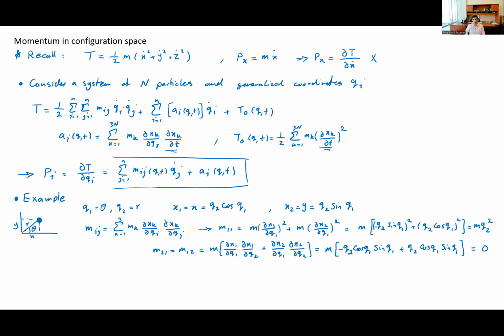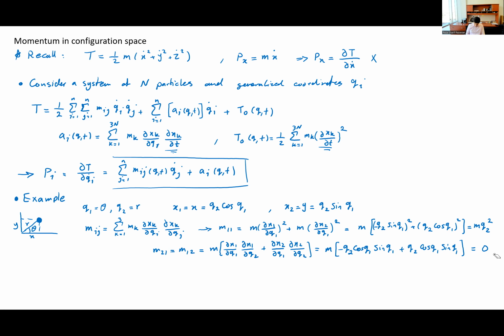So the off diagonals, M12 and M21, are 0, meaning that there is no coupling between these two degrees of freedom, or between the coordinates r and theta. But this is not always the case. If there are some couplings, you will end up with non-zero masses in what we call off diagonal, because you can think of them as elements of a matrix.